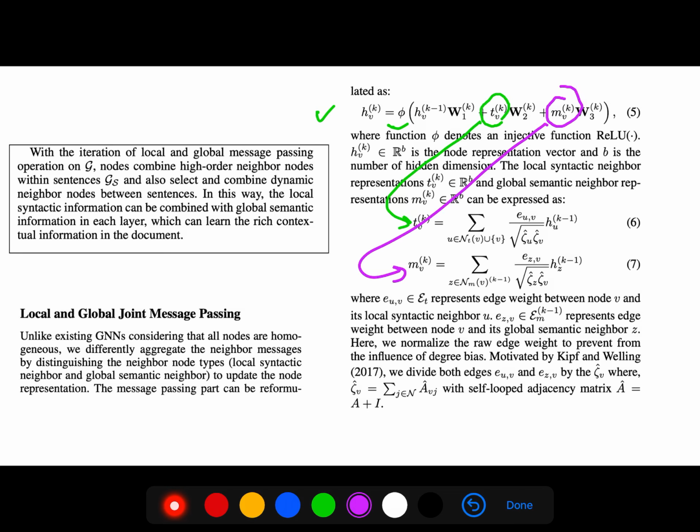So our aggregation and update uses these, not only syntactic information of the neighbors, but also the semantic information. And because we have two different weights here, we are distinguishing them. So they are not entangled, they are disentangled, so no worry.